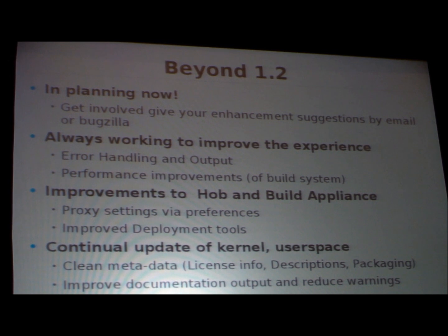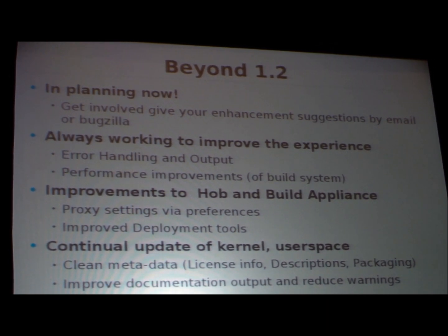Beyond 1.2, we're starting planning now. Add enhancement suggestions by email or in our Bugzilla. We're always working to improve the experience that people have with this. So we're looking at error handling and various output that we have, performance improvements of the build system itself, continued improvements to Hob and the build appliance, like I said, proxy settings, deployment tool, status updates and things like that.